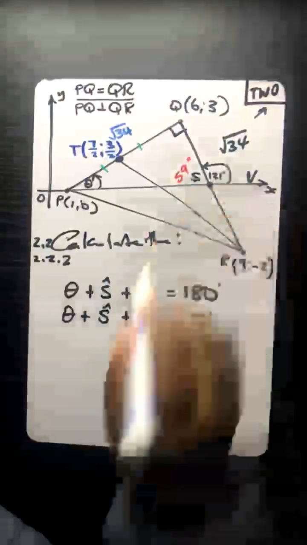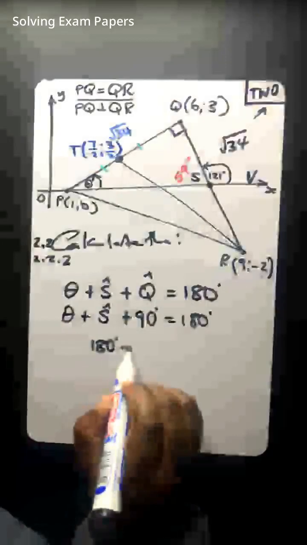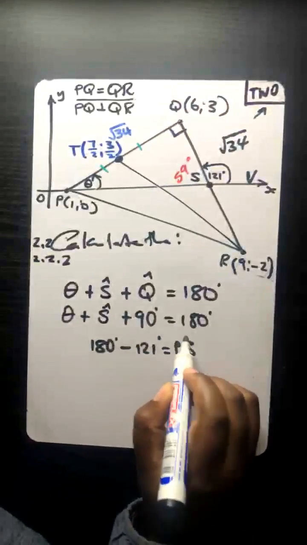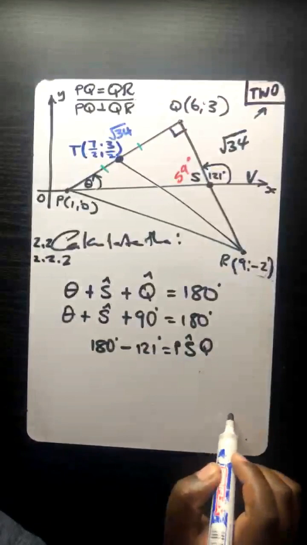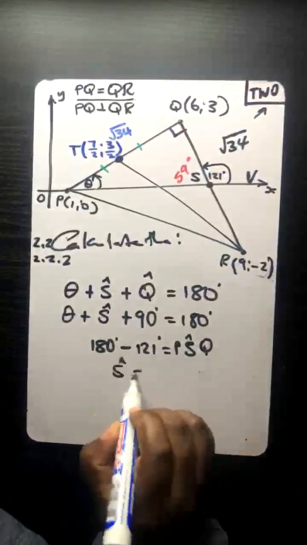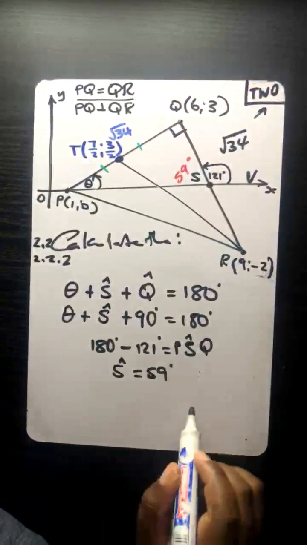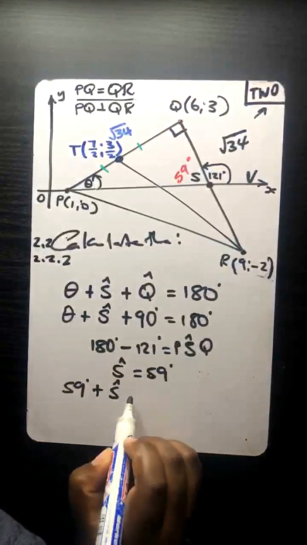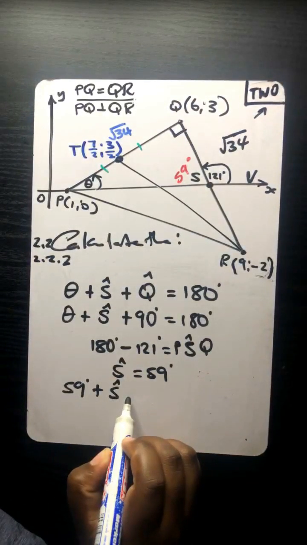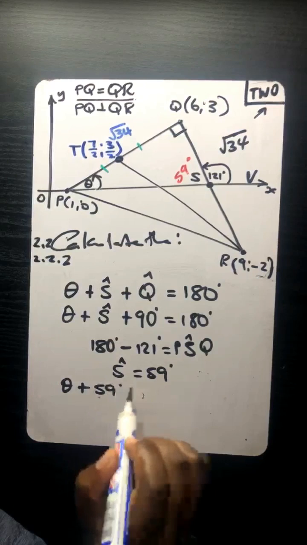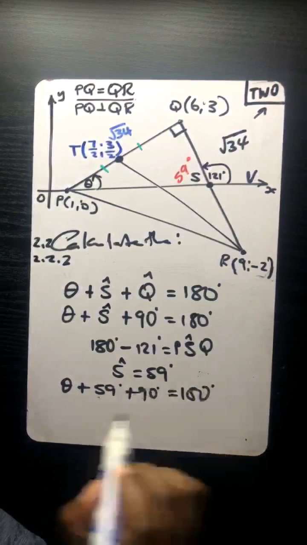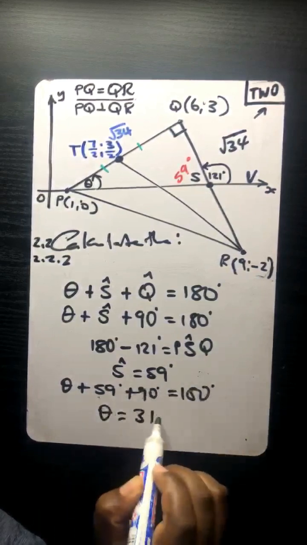And then when you say 180 degrees minus that angle, it's equal to angle S in triangle PSQ. Then you end up having angle S equal to 59 degrees. Then you take it back to the formula, to say theta plus angle S, 59 degrees plus 90 degrees, equals 180 degrees. Then you take those to the other side, and your theta ends up being 31 degrees.